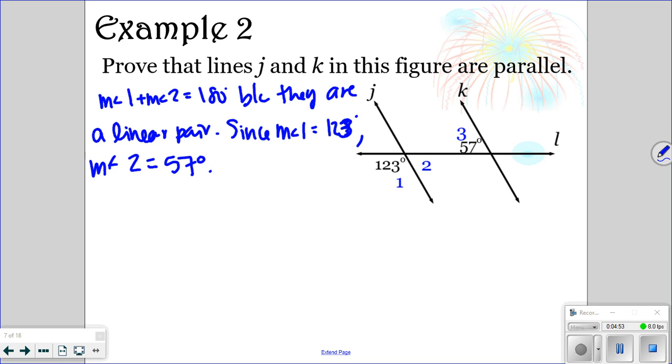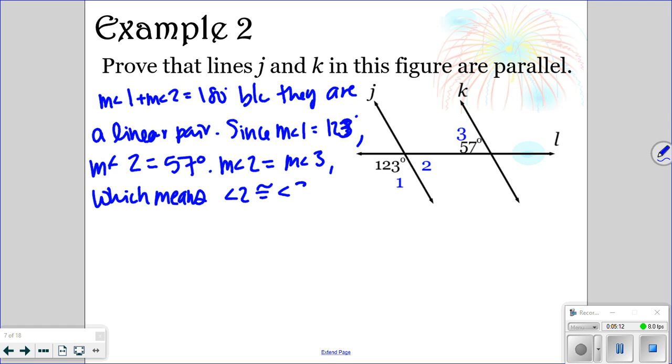From there, that means that the measure of angle 2 is equal to the measure of angle 3, which means that angle 2 is congruent to angle 3.